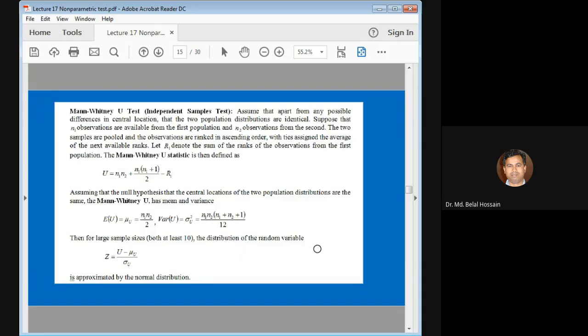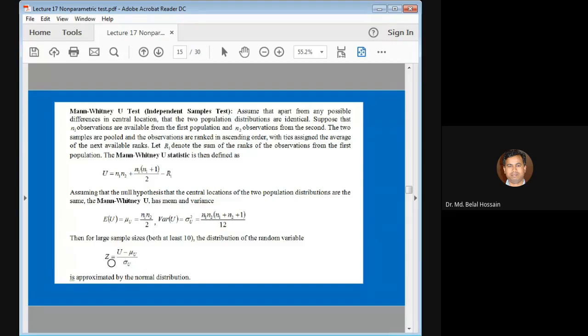The distribution of the random variable is z equals U minus mu of U divided by sigma of U. Mean of U here, sigma of U here. This is the value of sigma squared, so you have to take the square root to get sigma of U. So this will follow approximately normal distribution.